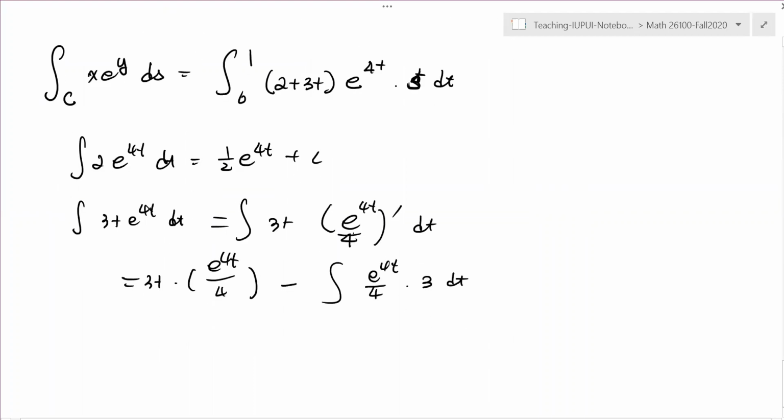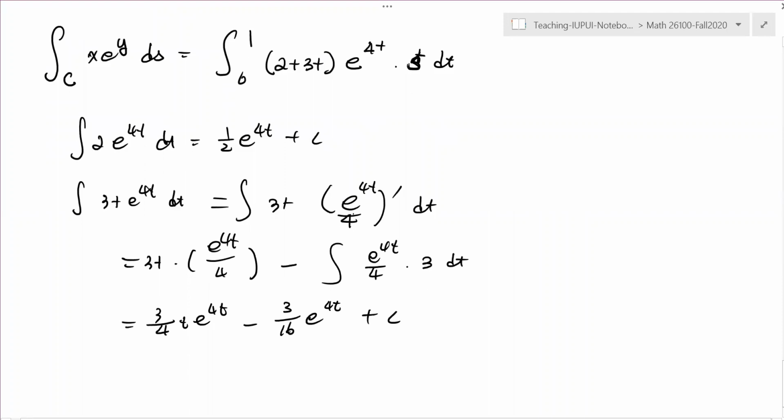You can do that, right? It's integration by parts, and then you can find the antiderivative. Here 3 e to the 4t should be 1 over 4 times e to the 4t, that's 16. So we get the antiderivative of each of the functions. Then we can evaluate.